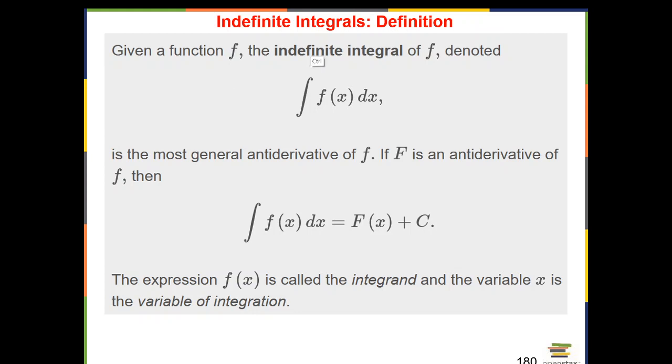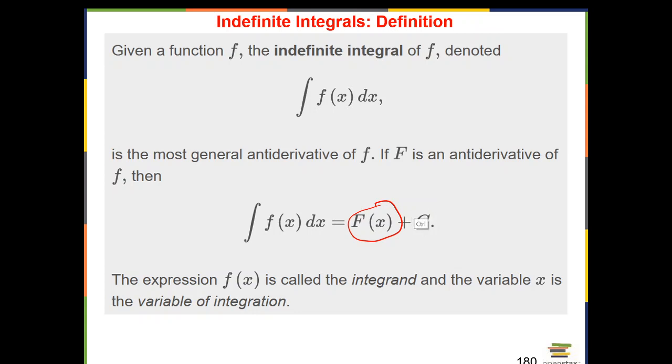So given a function, the indefinite integral of f is denoted by this. This elongated s is the indefinite integral of f of x, the indefinite integral of f of x dx. And the answer to this would be the antiderivative function plus some c, because we always have this c here, because the derivative of c is 0.